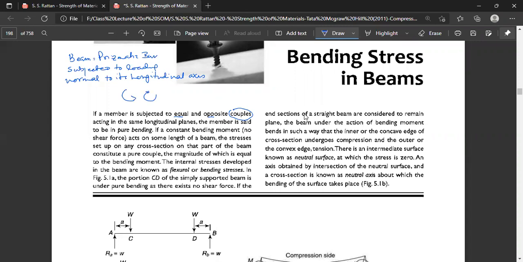Both these bending moments have the same value. So if these two bending moments exist over the same longitudinal axis, then they will try to bend the beam. The member is said to be under pure bending. These couples are bending the beam.